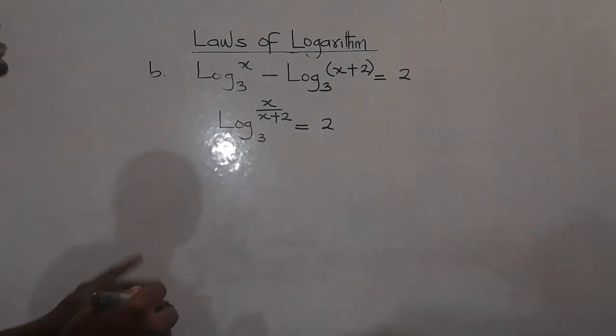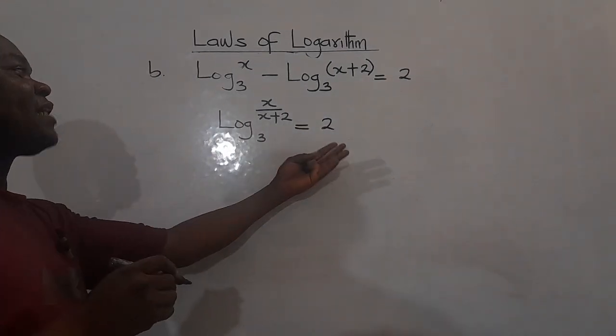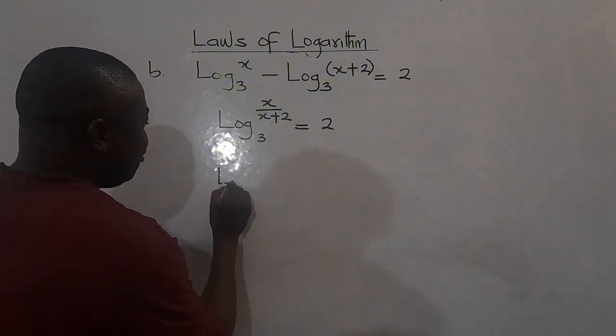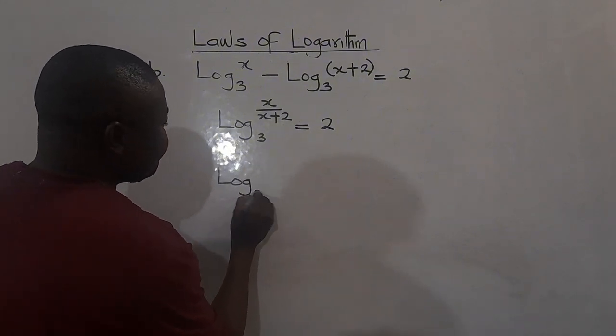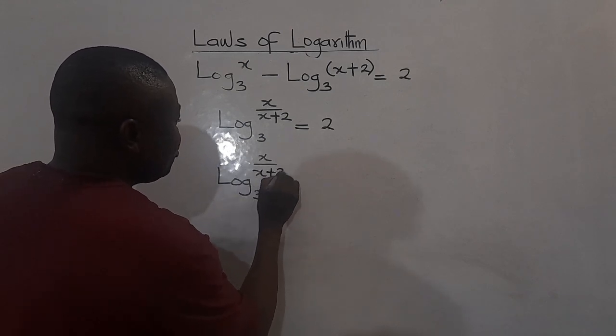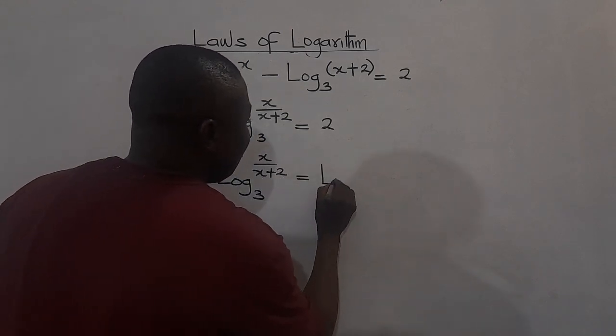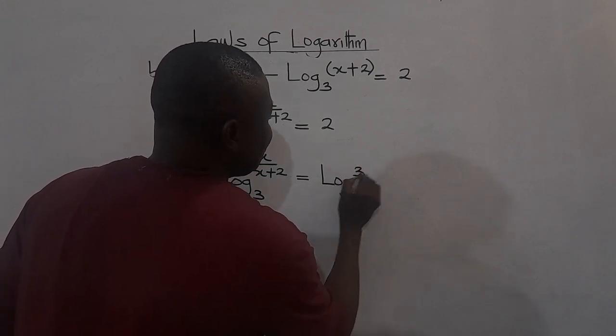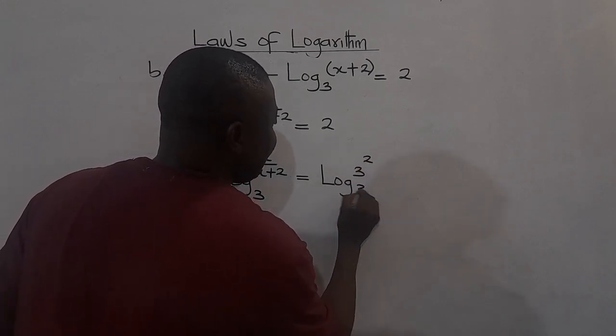Next, you make the other side have log base 3 of 3 raised to power 2.